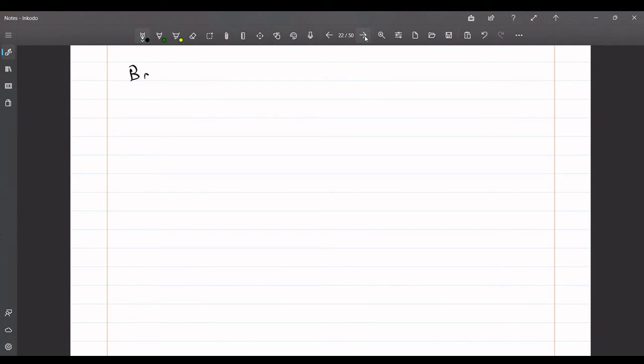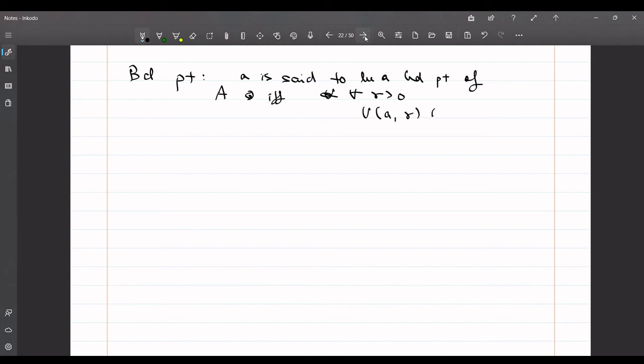Okay, a is said to be a boundary point of A if and only if for all positive real numbers R, the open ball centered at a and radius R intersection A is non-empty, and the open ball centered at a and radius R intersection X minus A is also non-empty.